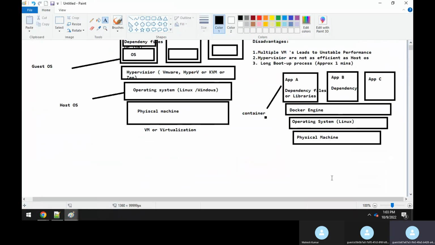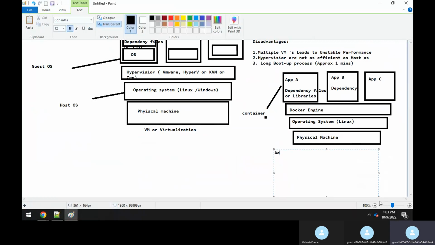What is the advantage of having a container? What are the advantages over virtualization? Containers on the same OS kernel are lighter and smaller.